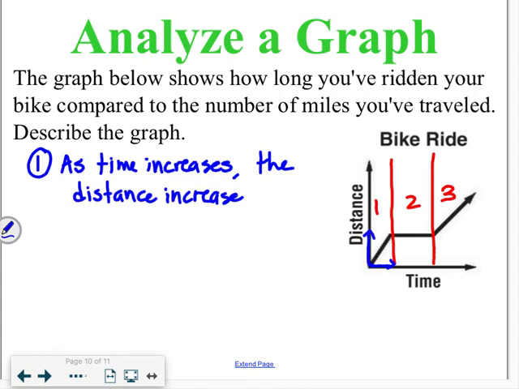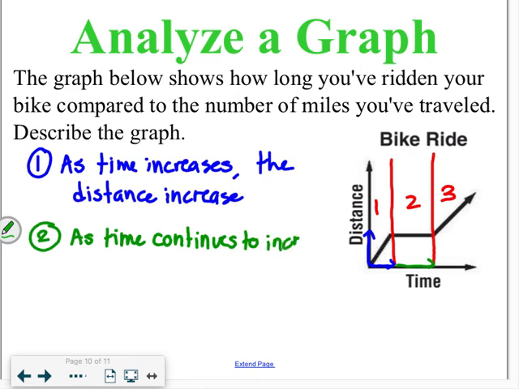So the amount of time you spent on your bike is increasing, and the distance is also increasing. That second section, your time is still increasing, but there's no change in distance. So you could say as time continues to increase, the distance remains the same.